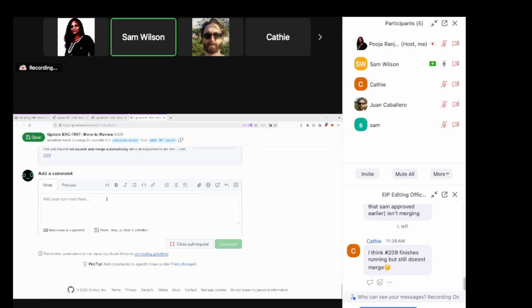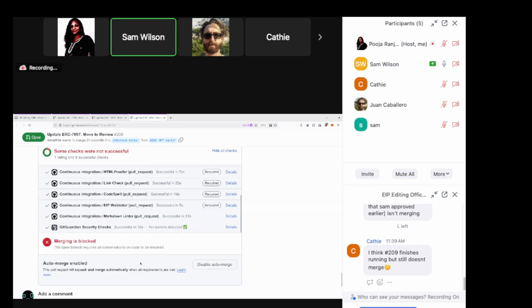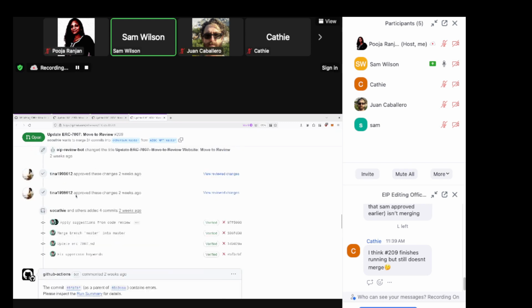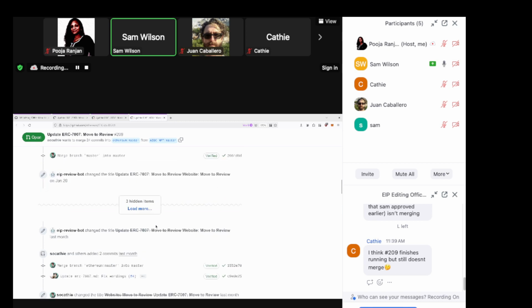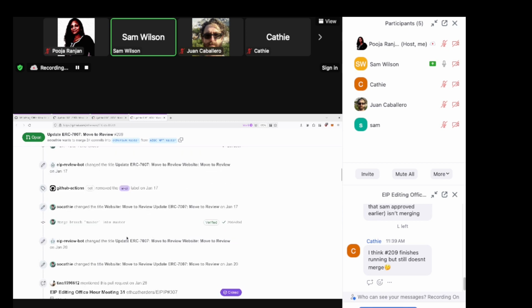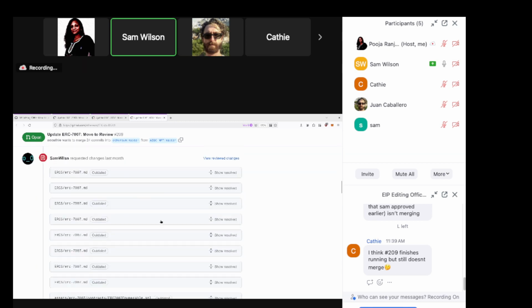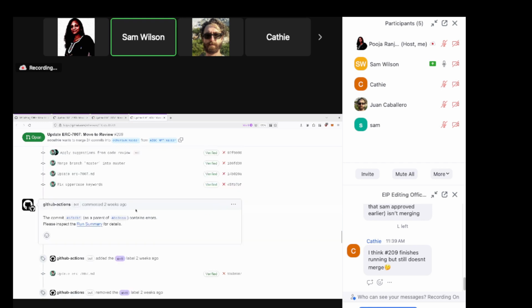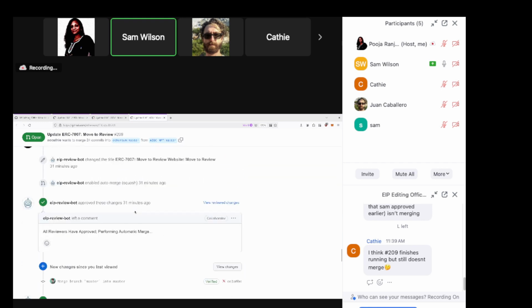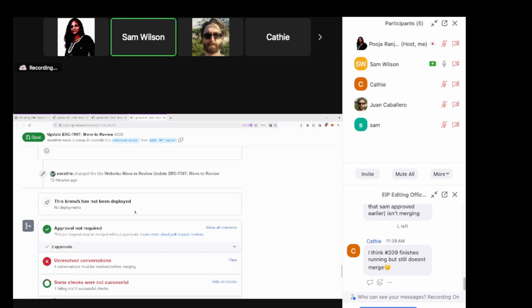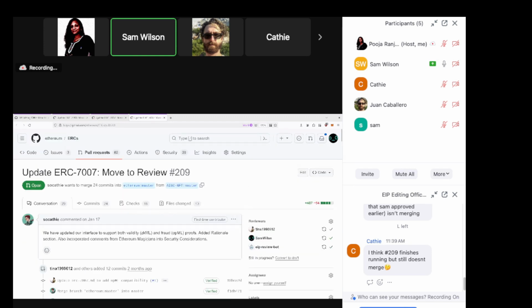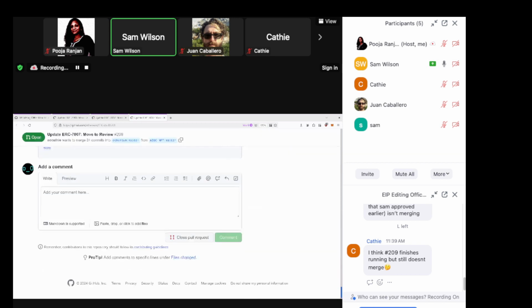And then auto merge, oh, when all conversations are resolved. I don't know why that setting has been turned on. It's very annoying. Yeah, that was resolved. What conversation is not resolved?